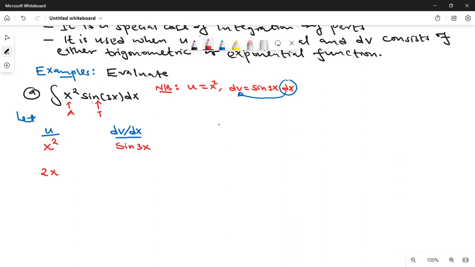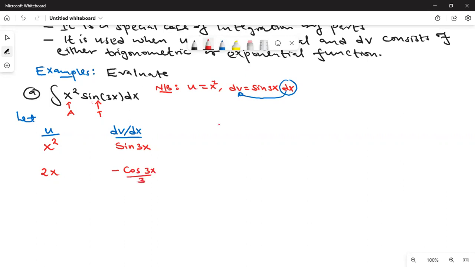Remember, when you differentiate cosine, you get negative sine. So when I differentiate negative cosine, I will get positive sine. So this will give us negative cosine of 3x, everything over 3.